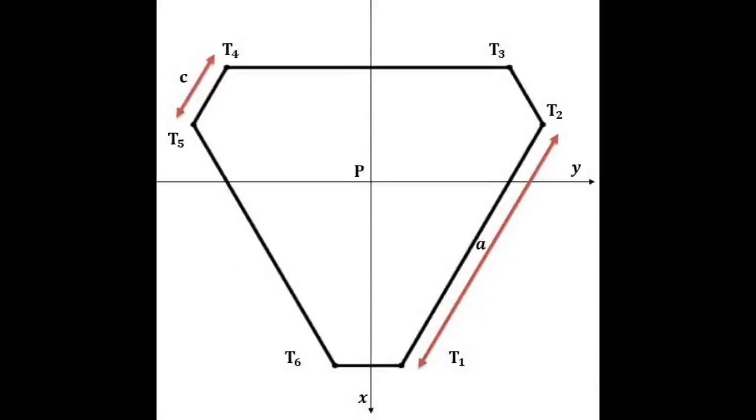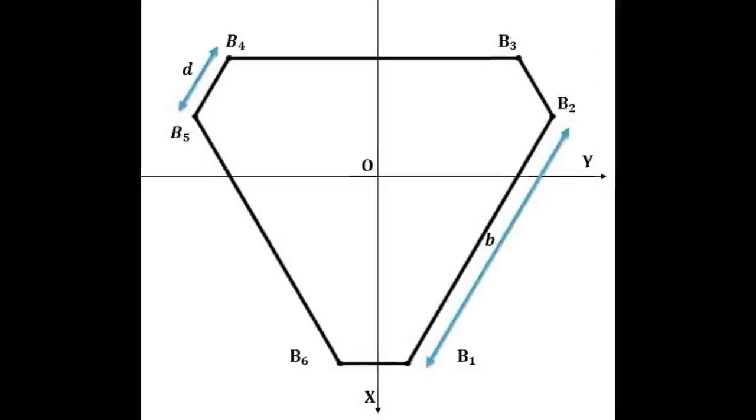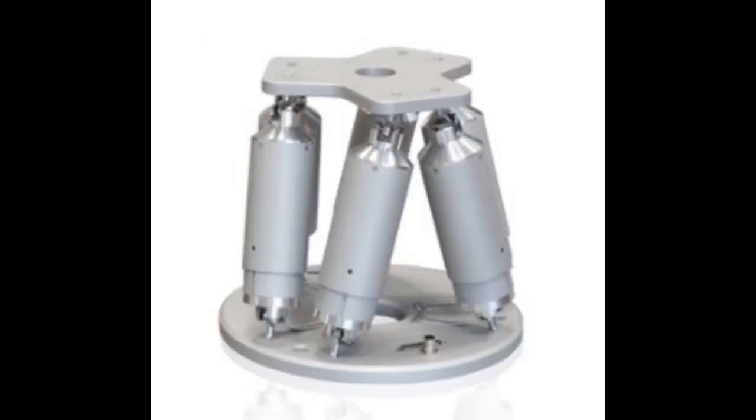One end of all linear actuators is connected to the fixed lower semi-regular hexagon plate's vertices, and the other end of the links is connected to the moving upper semi-regular hexagon plate's vertices.